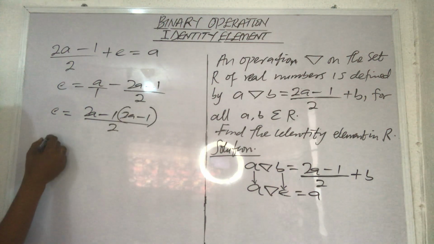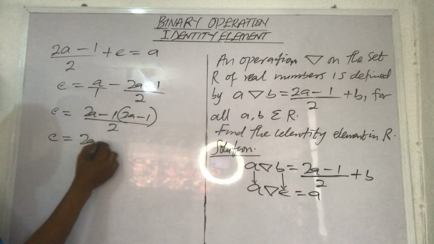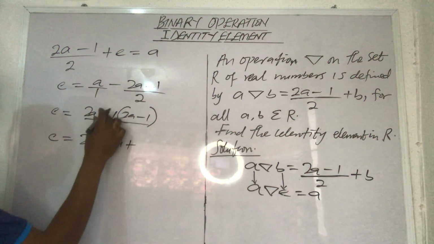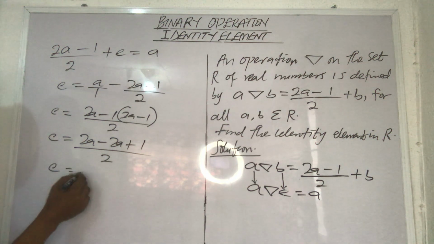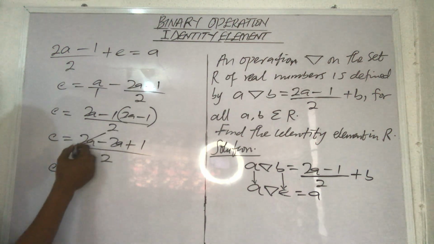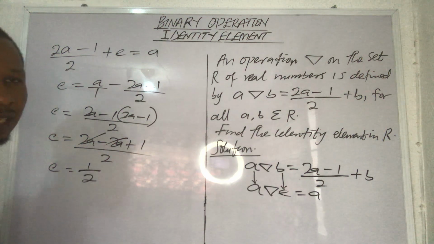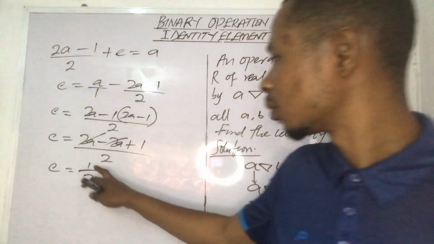So if I simplify further, my E will be equal to 2A minus 1 times 2A is 2A, minus times minus is plus, 1 times 1 is 1, everything over 2. Then my E will be equal to 2A minus 2A cancels out. I will have 1 over 2. So my identity element in this binary operation now is 1 over 2.